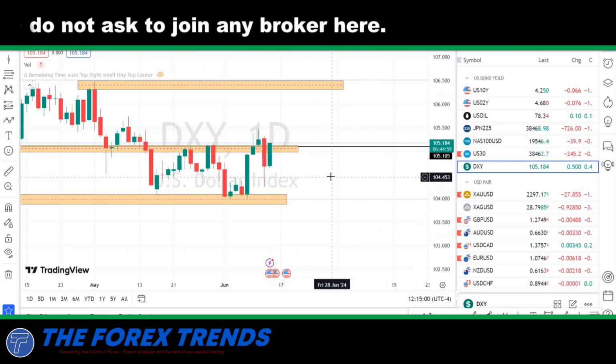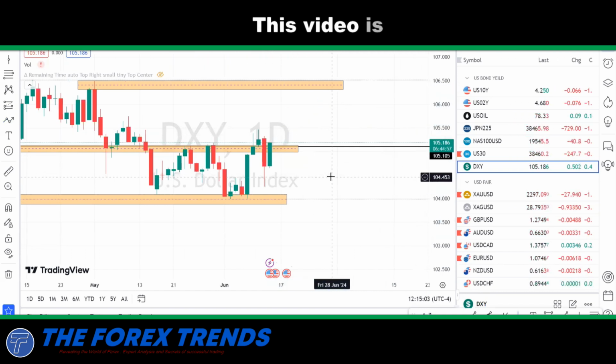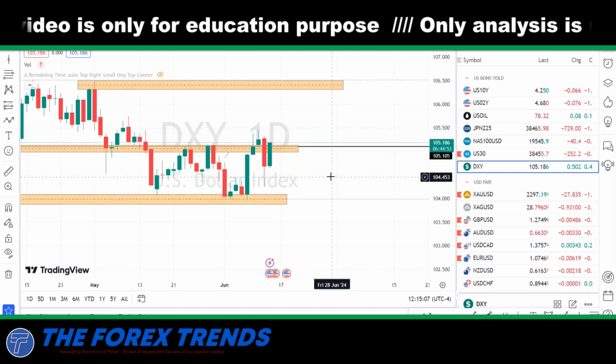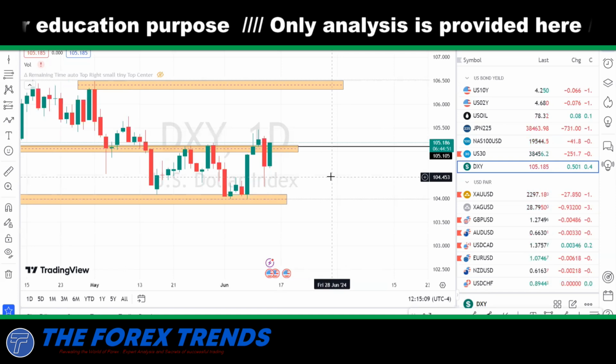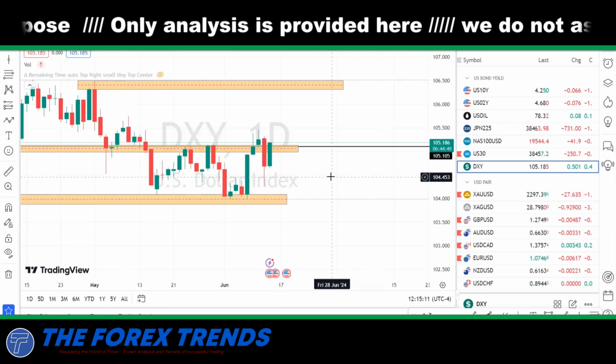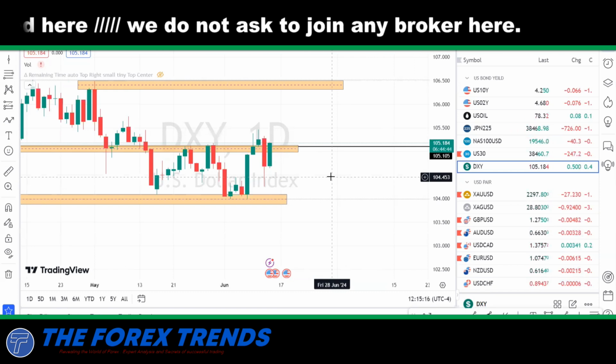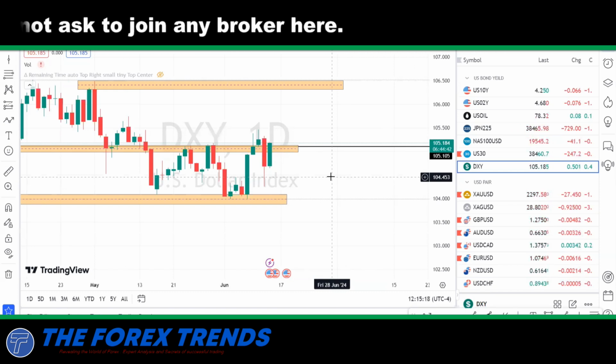So that's all for today. I hope you all understand the dot plot, the US economic condition, US fundamentals, and the overall sentiment of the market, where it stands right now.